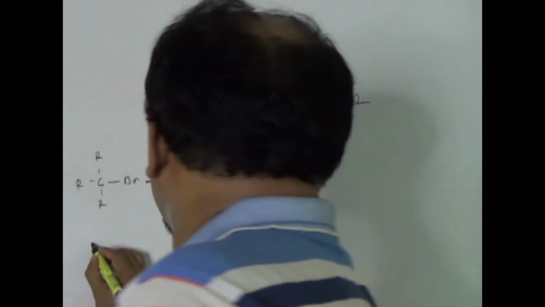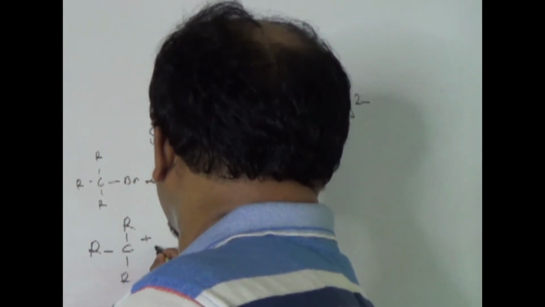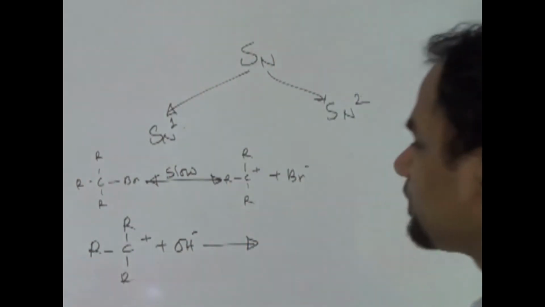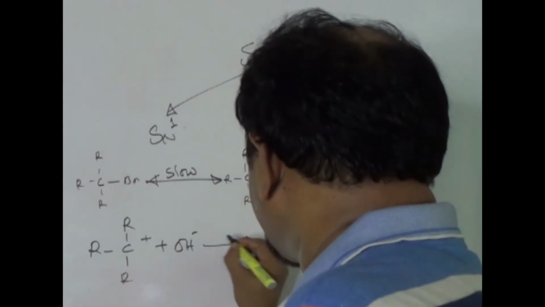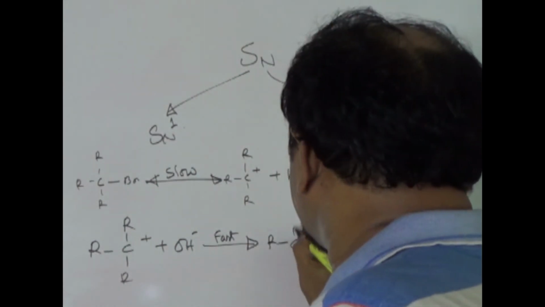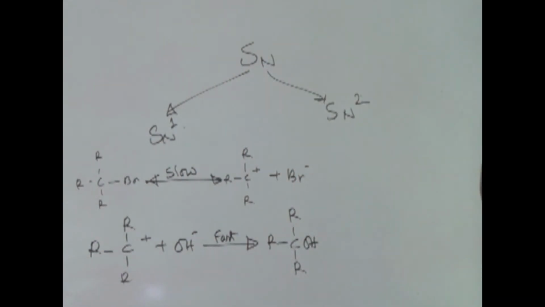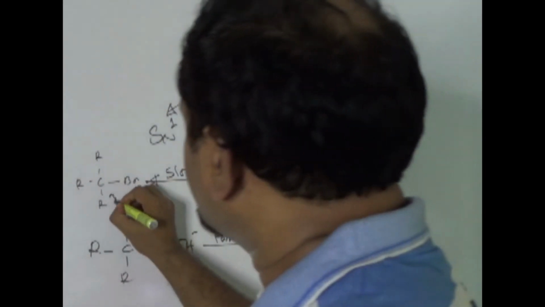The second step, with haloalkane and a nucleophile. With this one, the nucleophile OH, this is the first reaction. So the product is OH. This is the tertiary alcohol, 3 degree alcohol, 3 degree haloalkane.